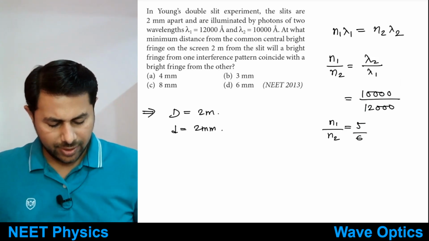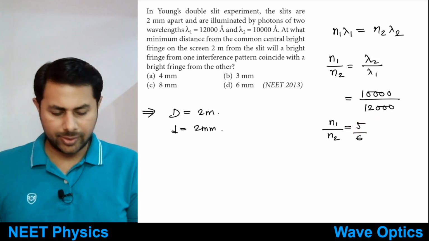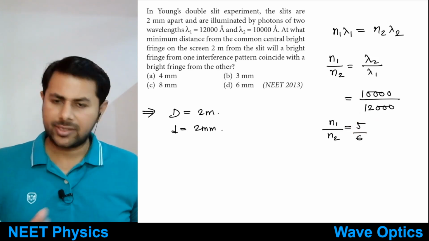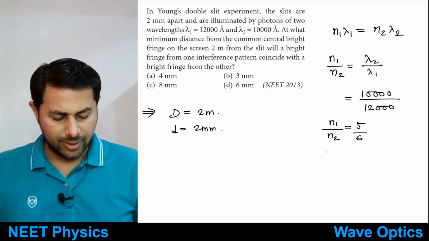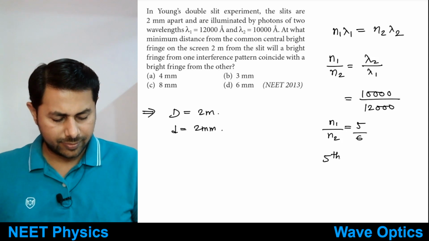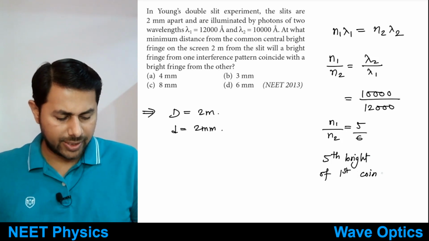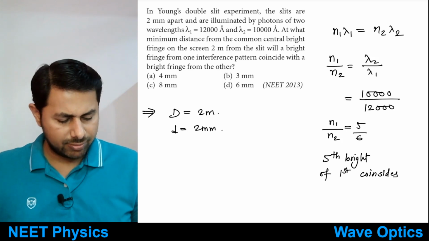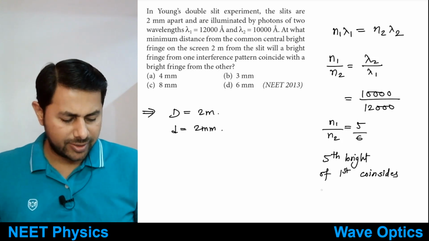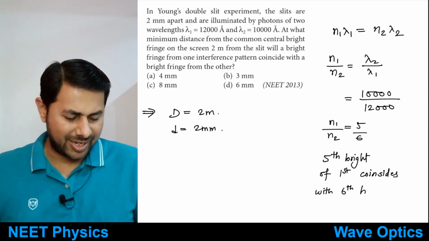So what does it mean? That the fifth bright fringe due to the first source will coincide with the sixth bright fringe due to the second source. Okay, so fifth bright of first coincides with sixth bright of second.